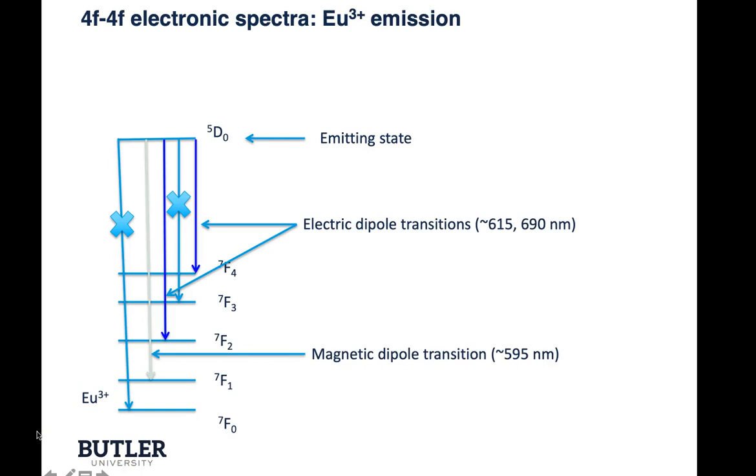And then you can see the 5D0 to 7F1 is magnetic dipole allowed, but not electric dipole allowed. The 0 to 2 and 0 to 4 are both electric dipole allowed, not magnetic dipole allowed. And then our 0 to 3 is not allowed by either one.